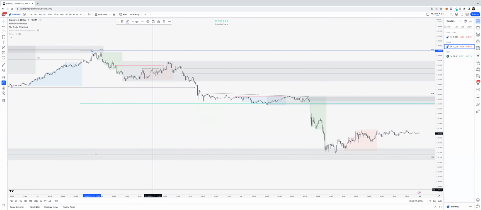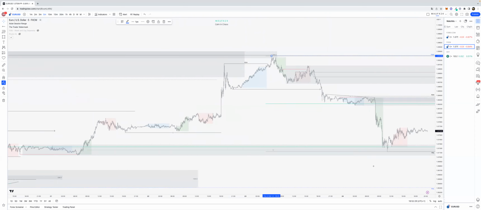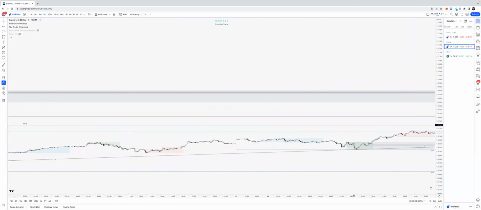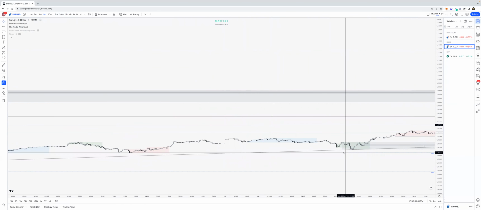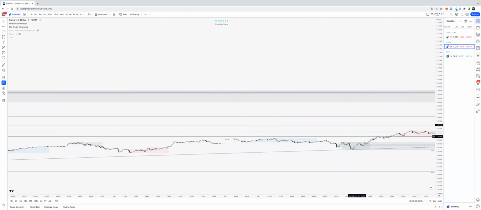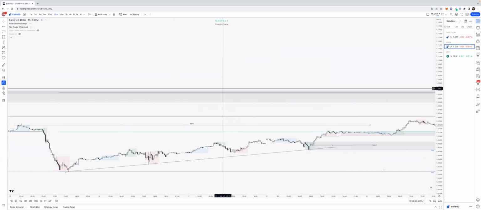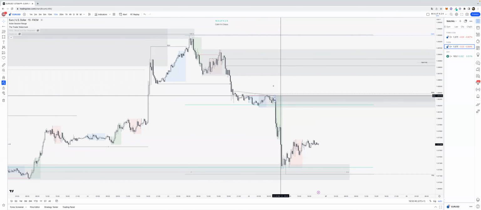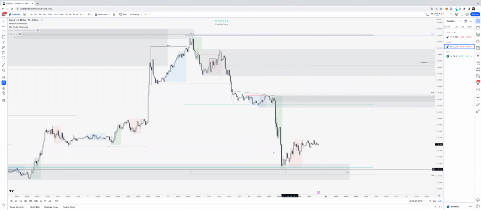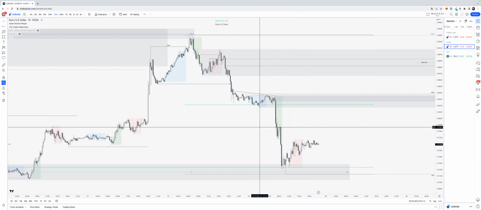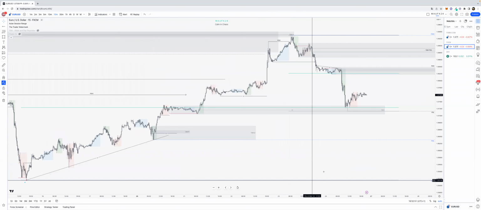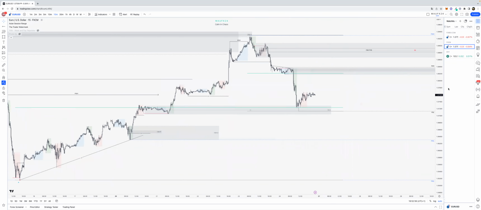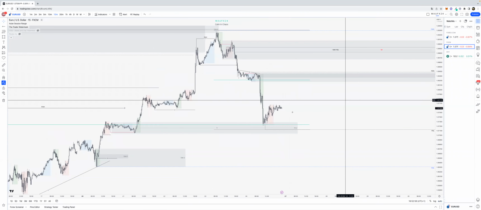So there. And then the low down here. 50-minute. There we go. Sweep, turn around. All right. Trend line. And these are the areas we want to trade from.